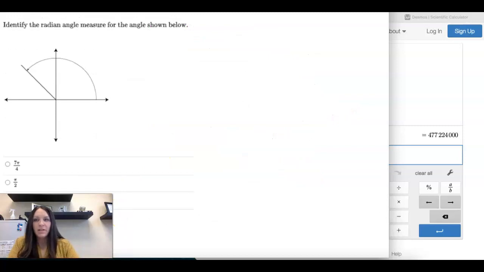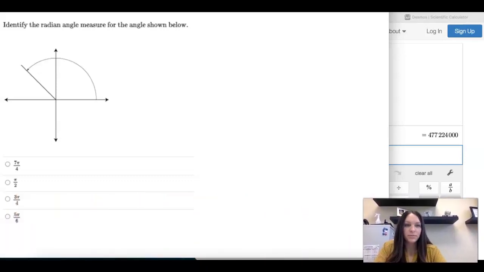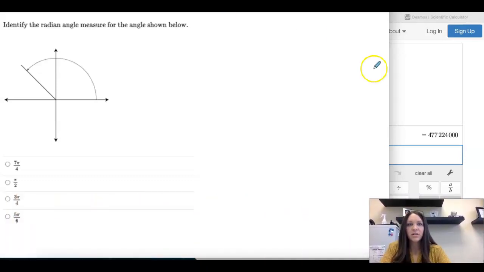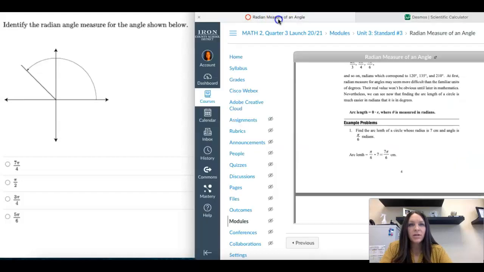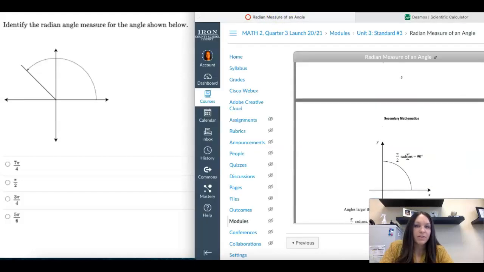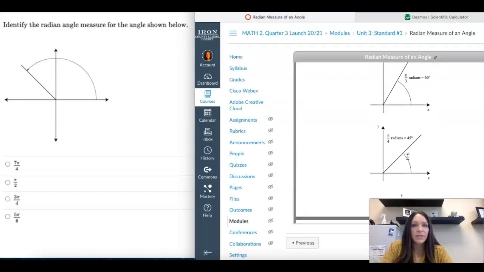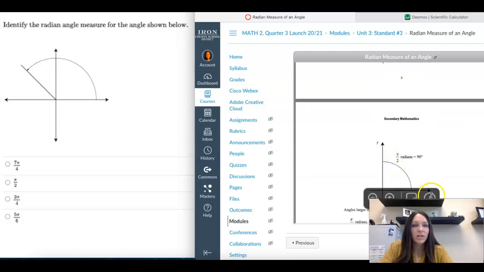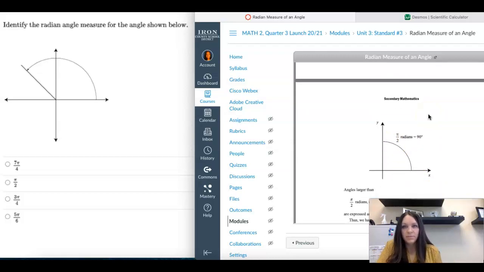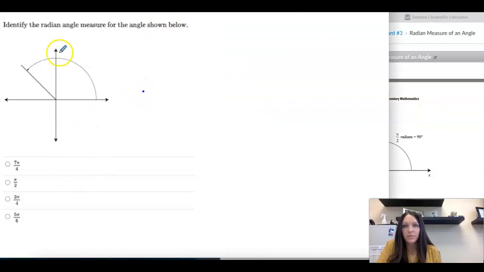All right. Identify the radian angle measure. Move these back. So this goes back to you're probably going to have to reference these or write them down, guys. Okay, so we know that a 90-degree angle is pi over 2 radians, pi halves.